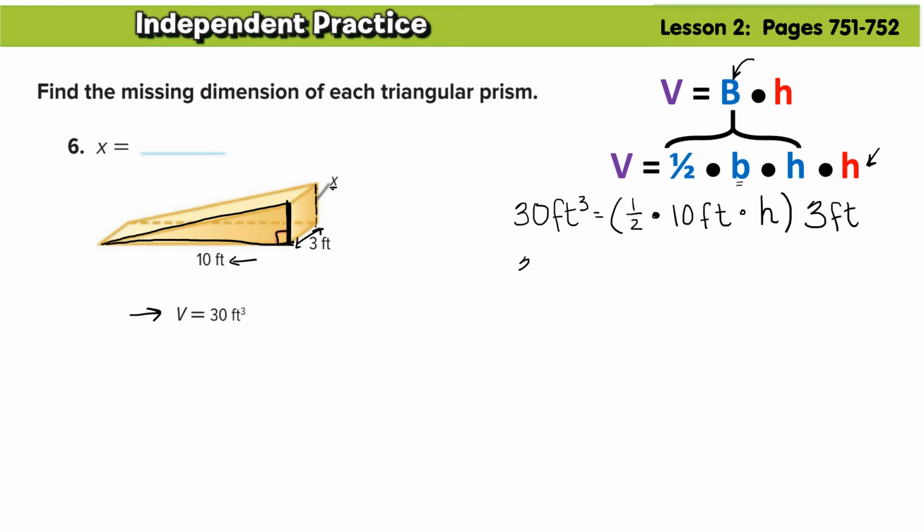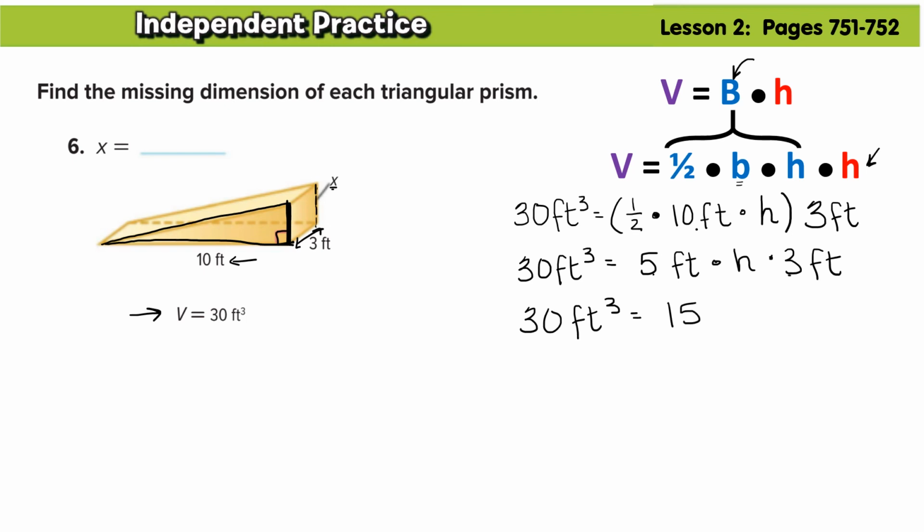Okay, so now we have 30 feet cubed equals 1/2 times 10, which equals 5 feet, times the height times 3 feet. So 30 feet cubed equals 5 times 3 is 15 feet squared times the height.